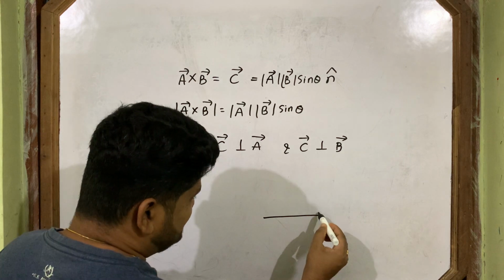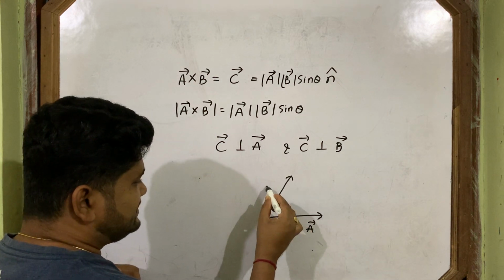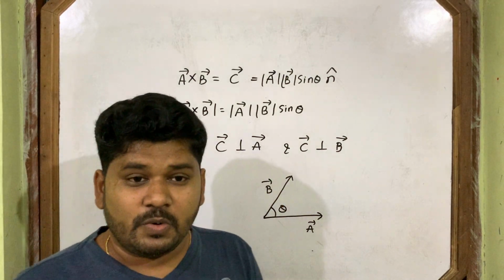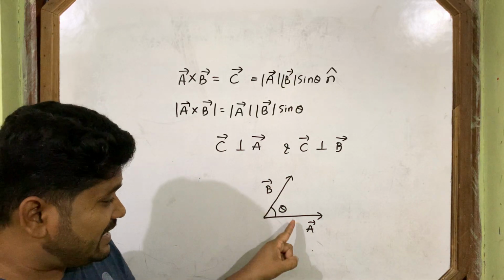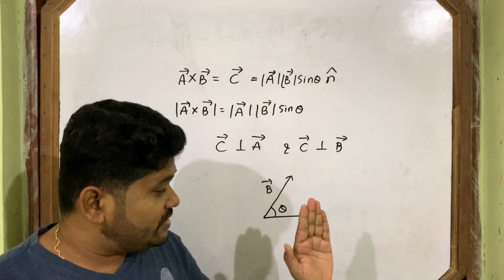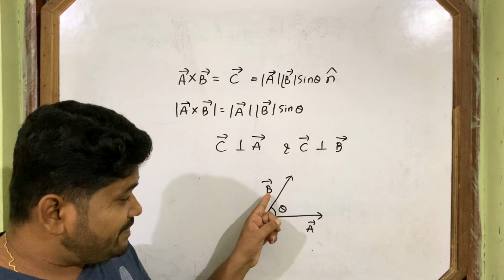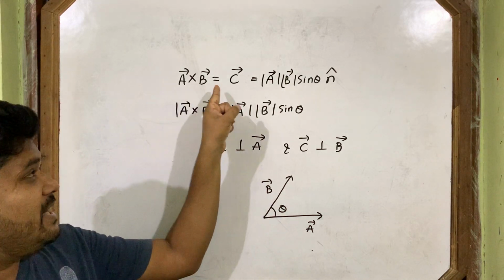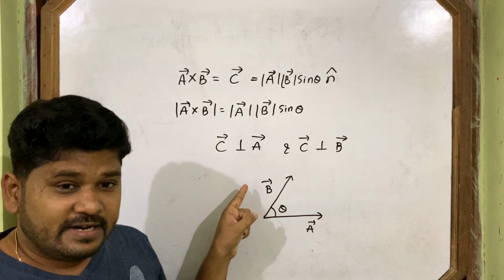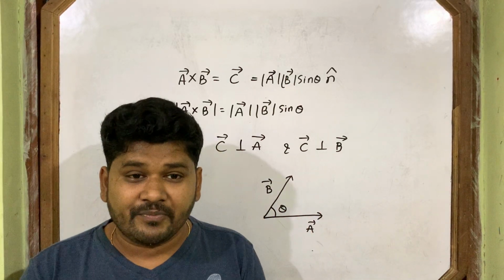Suppose one is A vector, one is B vector, like this, and the angle between them is theta. When these two vectors are added, the result also lies on the same plane, meaning on the whiteboard plane. But if two vectors are multiplied by the cross symbol, the result is not lying in the same plane. Rather, it is perpendicular to this whiteboard plane.